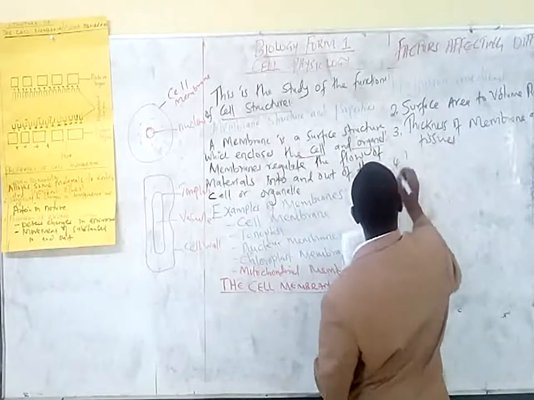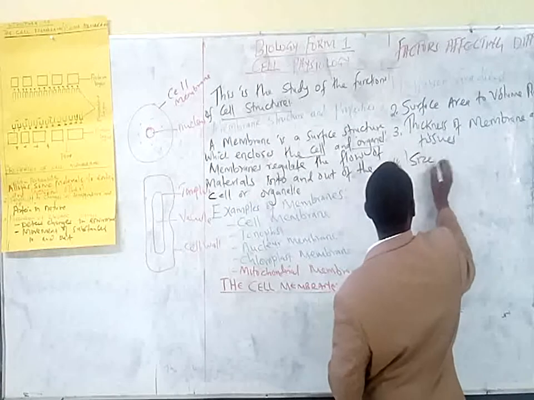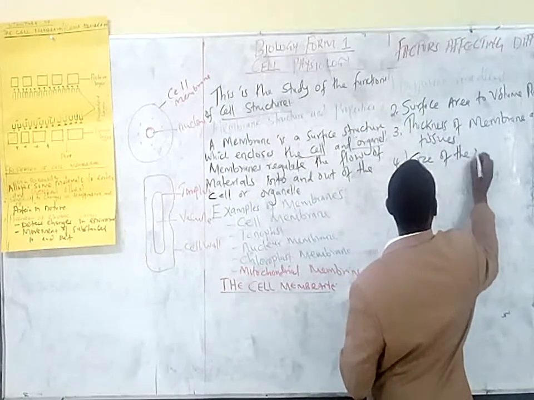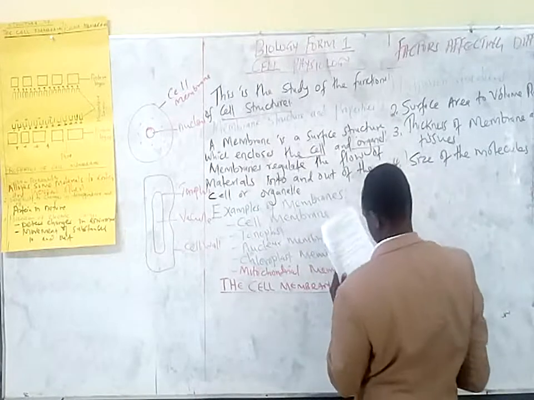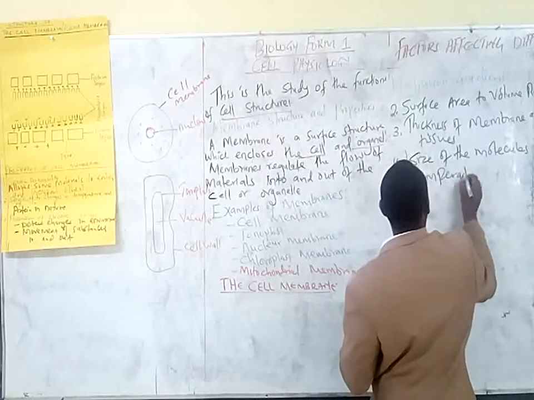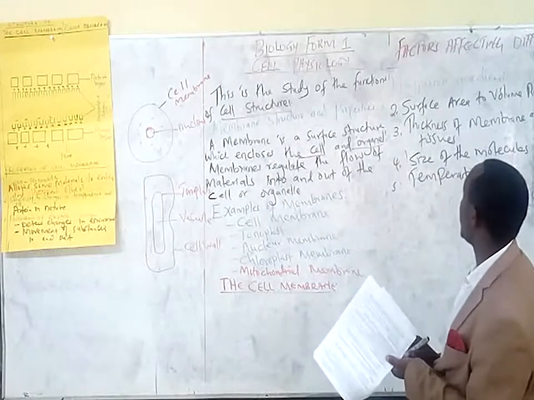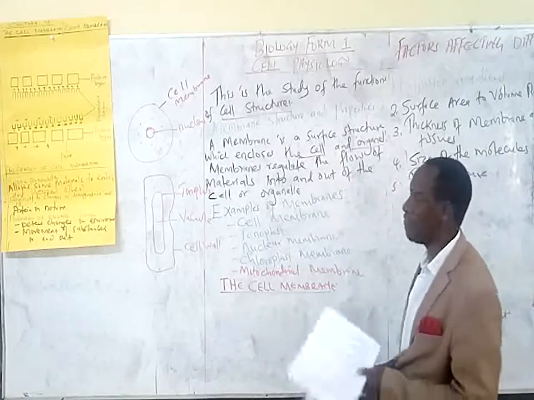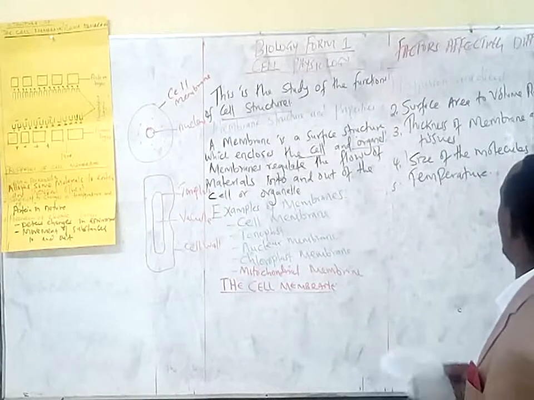Number 4, we have size of the molecules. Number 5, we have temperature. So, learner, these are the 5 factors that affect the rate of diffusion.